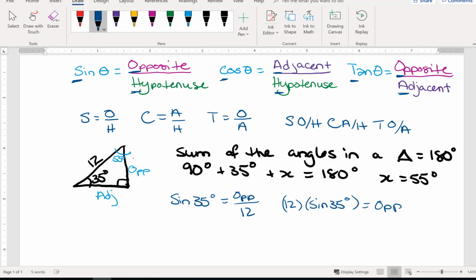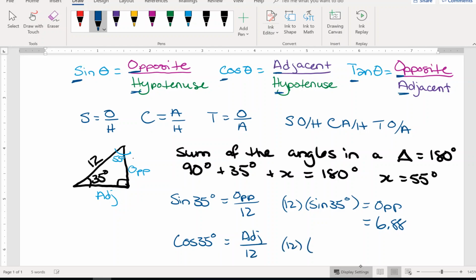So if we go ahead and do that, we should get that the opposite side is equal to 6.88. Now let's do cosine to find this adjacent side. So now we have the cosine of 35 degrees is equal to the adjacent side over the hypotenuse, which is 12.